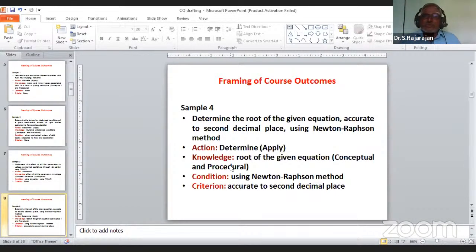We have to teach the students to find the root of the given equation with 2 decimal place accuracy using Newton-Raphson method. This is what we require. So there is no ambiguity in the statement. Ambiguity is totally removed. It is very clear. And in the assessment part, the staff member has to ask the questions up to apply level. Apply is K3 level.